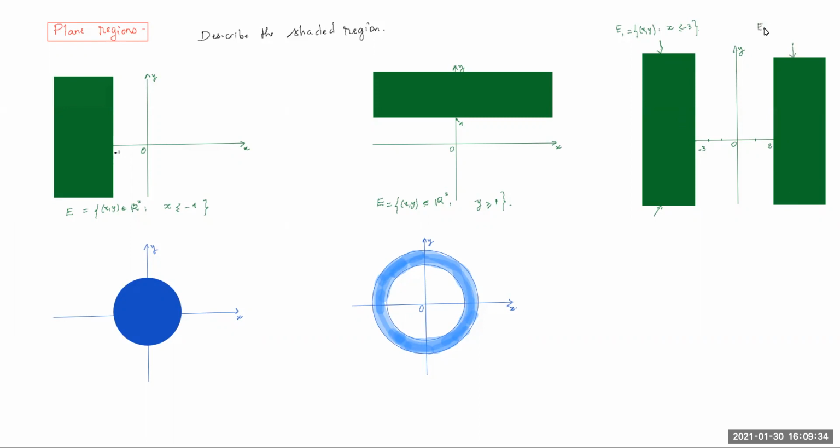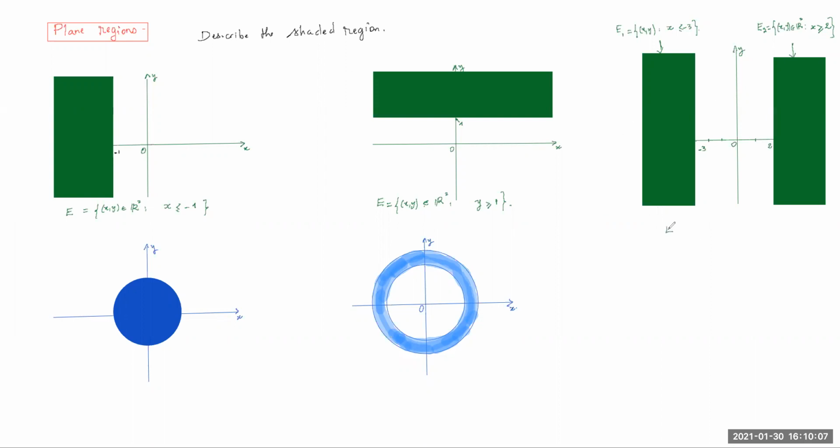E2 is the set of points in the plane that have an x greater than or equal to 2. And now globally, how can I describe my set?